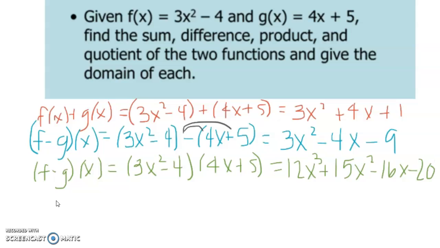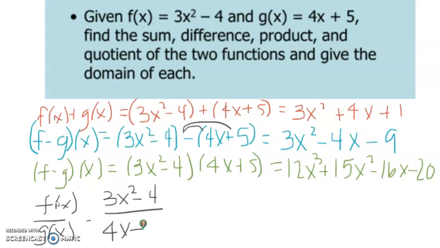And finally for my division, so I'm doing f of x divided by g of x. So I'm going to take my 3x squared minus 4 and divide it by 4x plus 5. I can't really simplify any of that. There's nothing that's going to cancel.